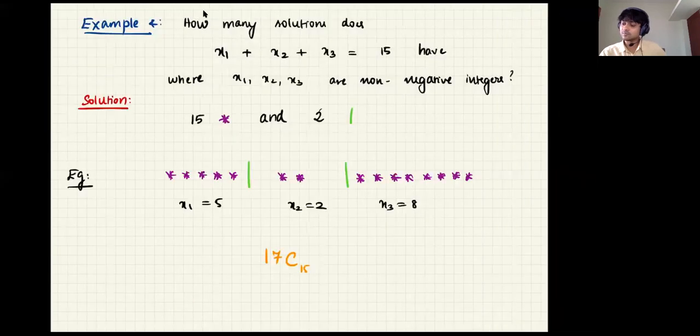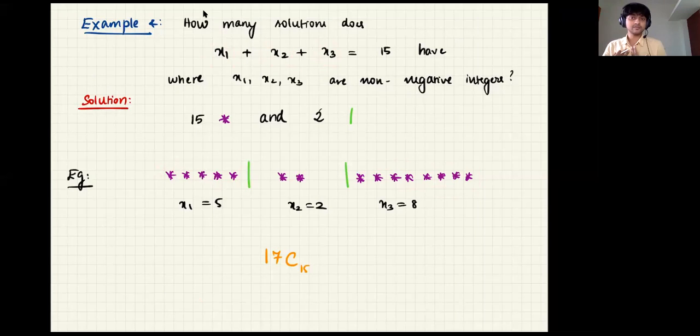See, maybe I'll do it like this. Suppose I have 15 stars, and I want to allocate some number of stars to x1, some number of stars to x2, and some number of stars to x3, so that the sum is 15.